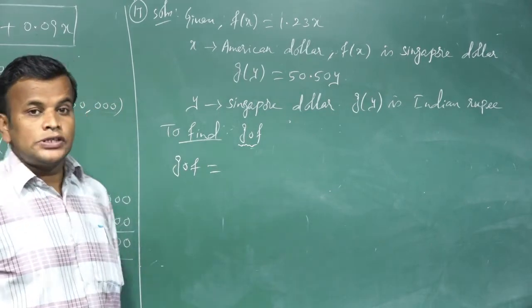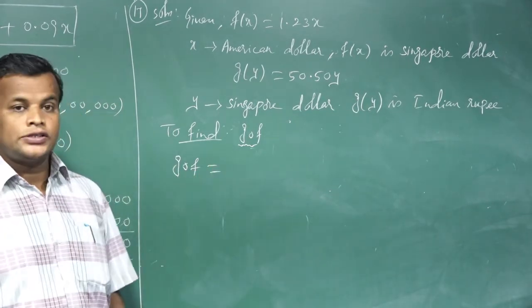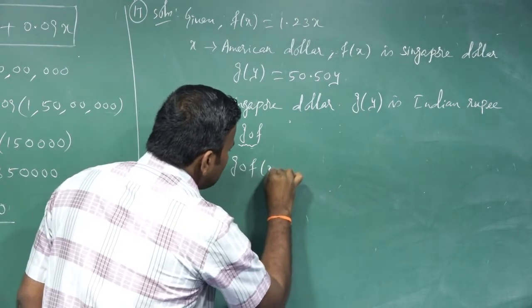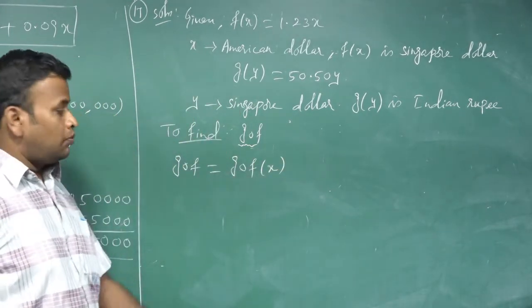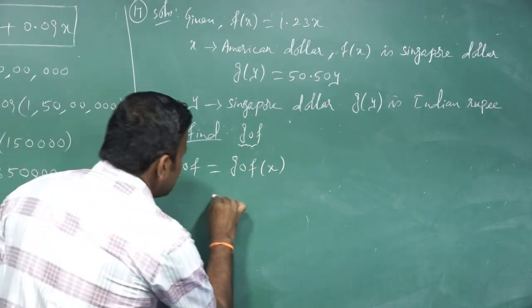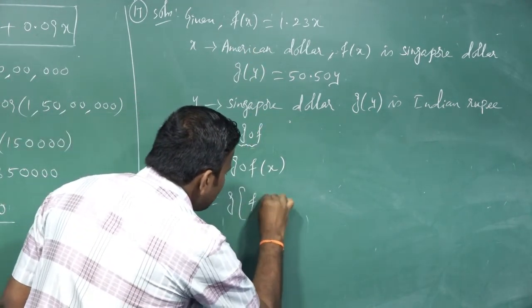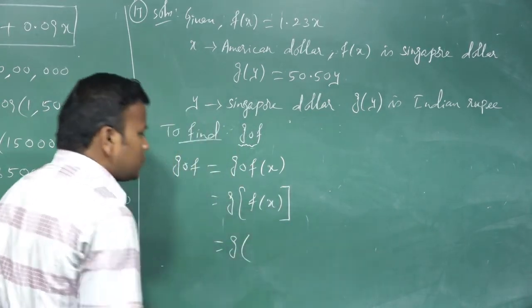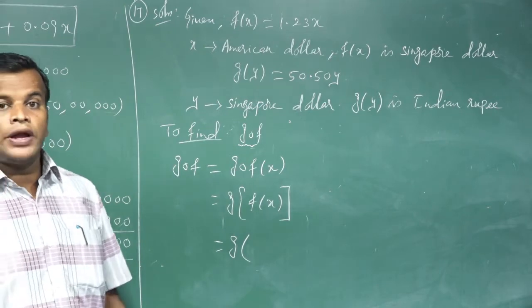In the previous class we saw the composition of two functions. G dot f, we write it is g dot f of x. Because f is a function of x, so I write f of x. So we write it is g of f of x. G of f of x. How to define f of x?